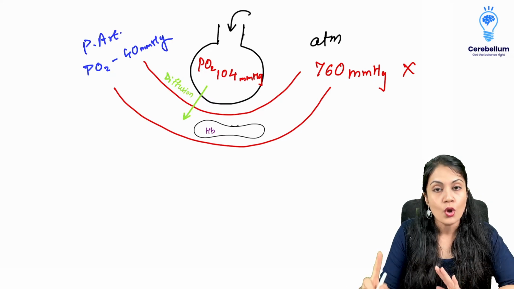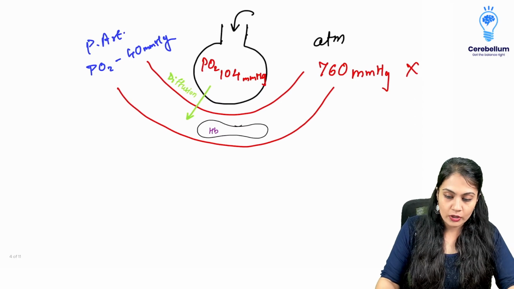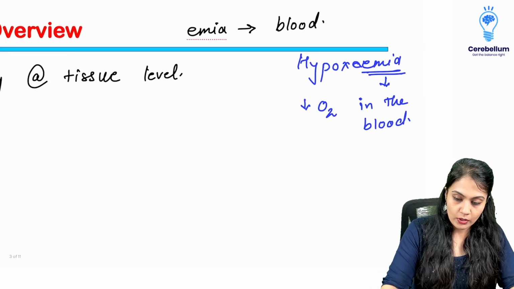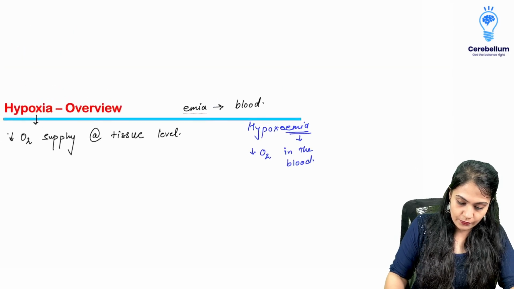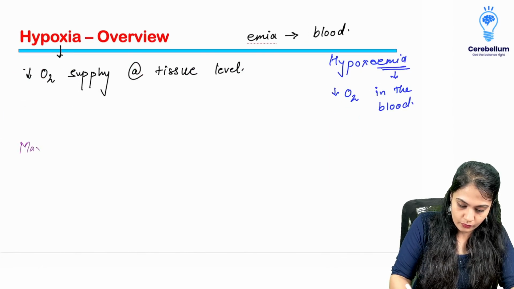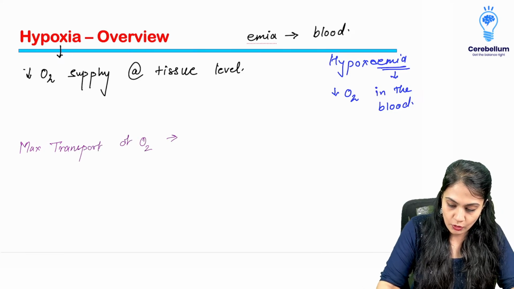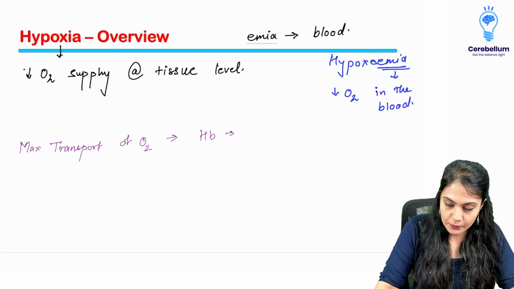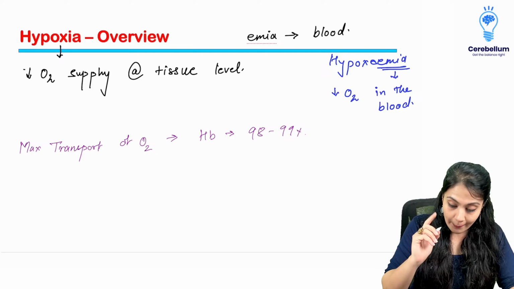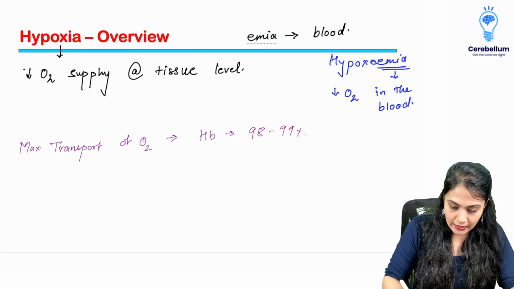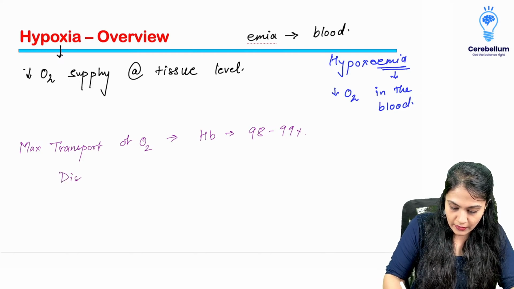First thing first, the maximum transport of oxygen is going to take place with the help of hemoglobin. That is how much percent? 98 to 99%. Understand?